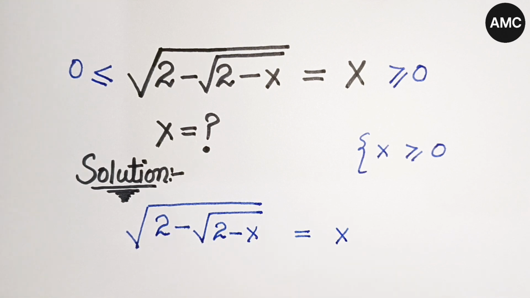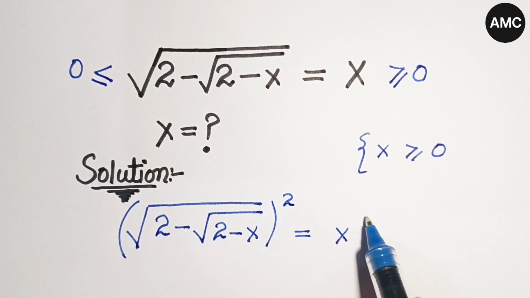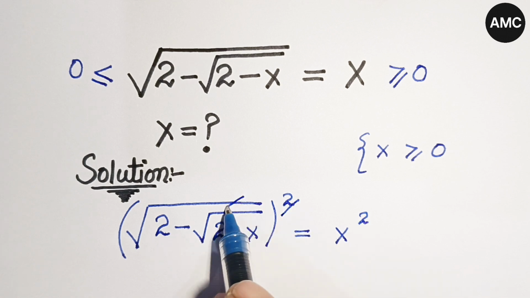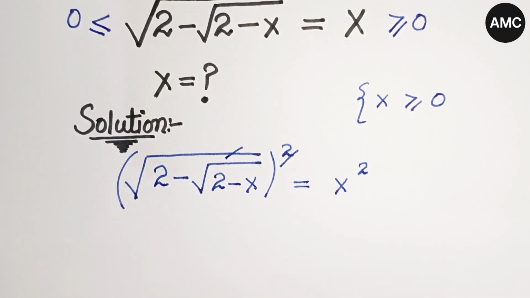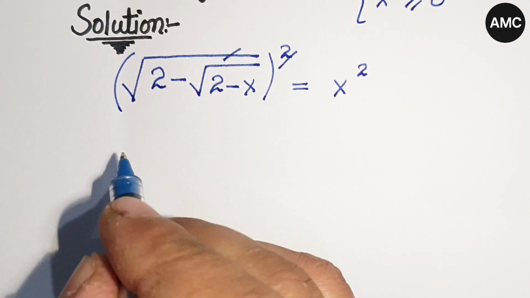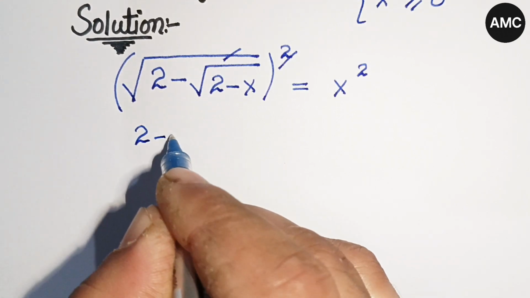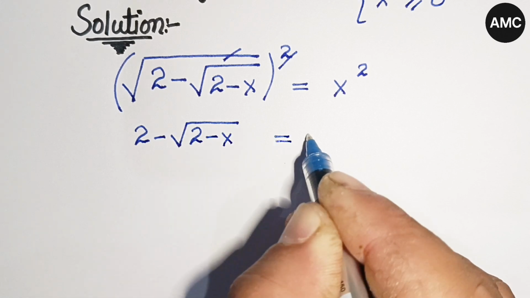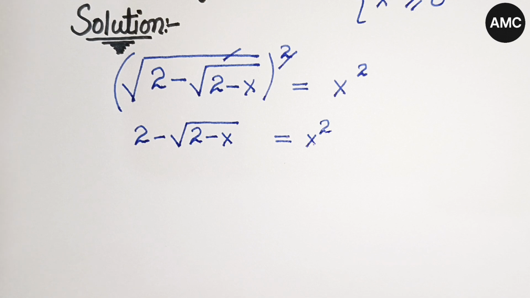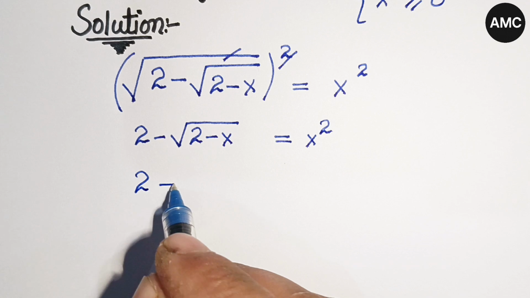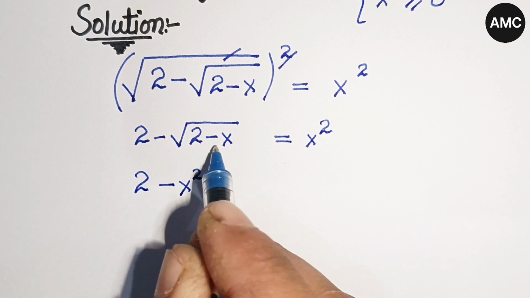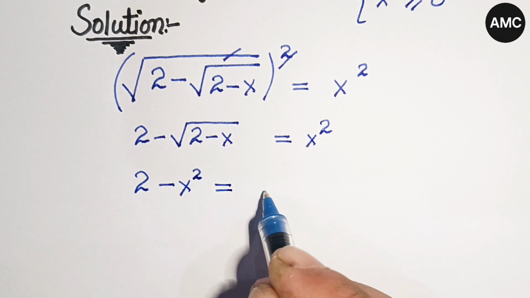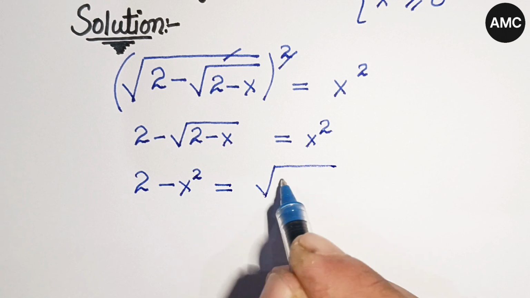Now if we take the square on both sides, the square cancels out with the square root, so we get 2 minus the square root of 2 minus x is equal to x squared. If we shift this x squared to the left hand side, then we have 2 minus x squared, and shifting this term to the right hand side, we get the positive square root of 2 minus x.